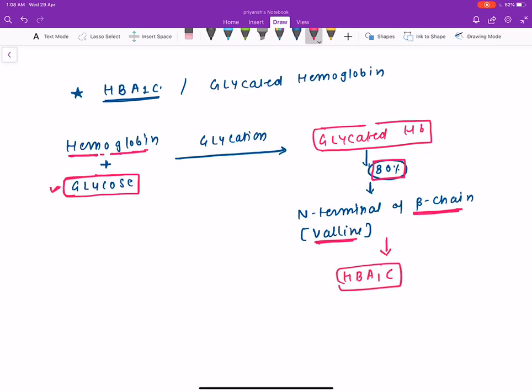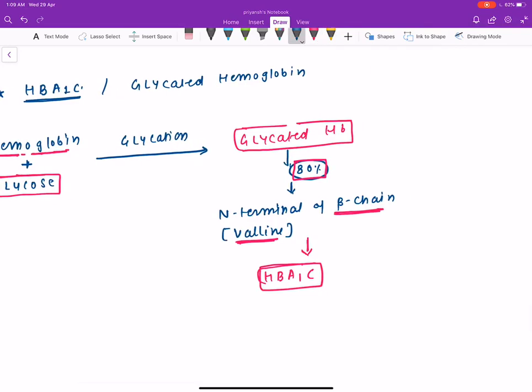If the glucose does not attach here and attaches somewhere else, then it will produce some other molecules such as HbA1b, HbA1a. We have various molecules, but we always talk about HbA1c. The reason is, what they ask is, in HbA1c, the glycation process occurs on which part of the hemoglobin?